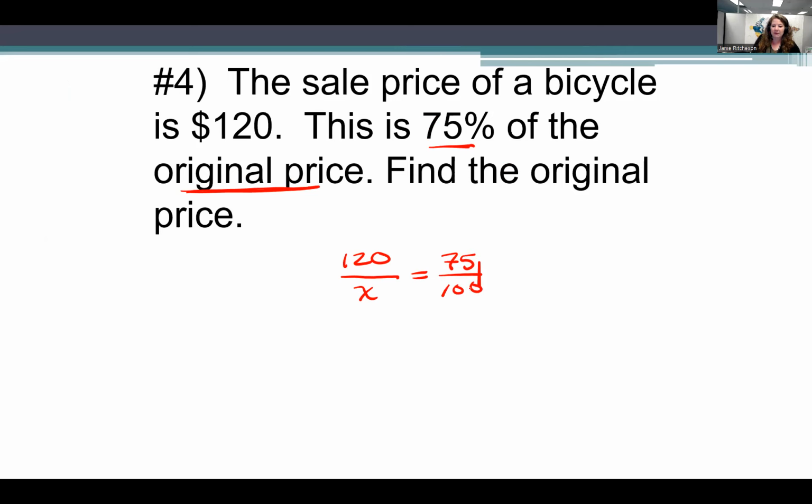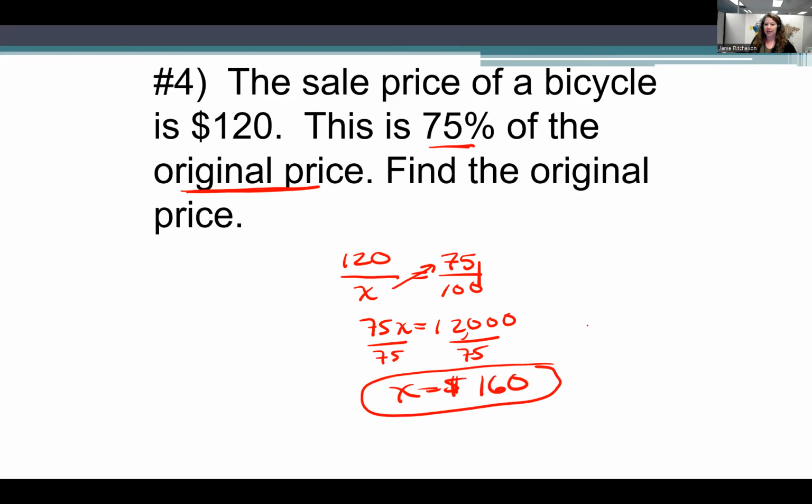So 75 is our percentage. So we're going to cross multiply 75 times x. 120 times 100, we're going to add 2 more zeros, which is 12,000. And then we're going to divide both sides by 75. So 12,000 divided by 75 is 160. The original price was 160. So they took 25% off that price, and we paid 75%.